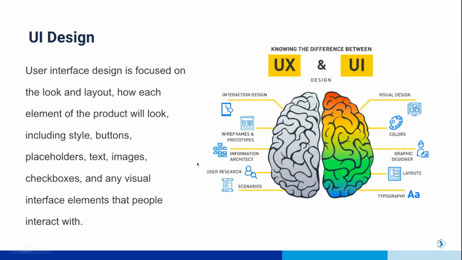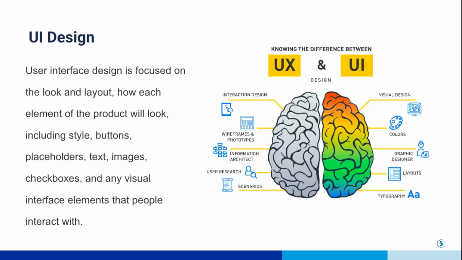For example, we have this image of a brain showing the difference between UX and UI. Here you can see, for example, UX is interaction design, wireframes and prototypes, information architecture, user research, scenarios, and in UI we have visual design, colors, graphic design, layouts, typography.